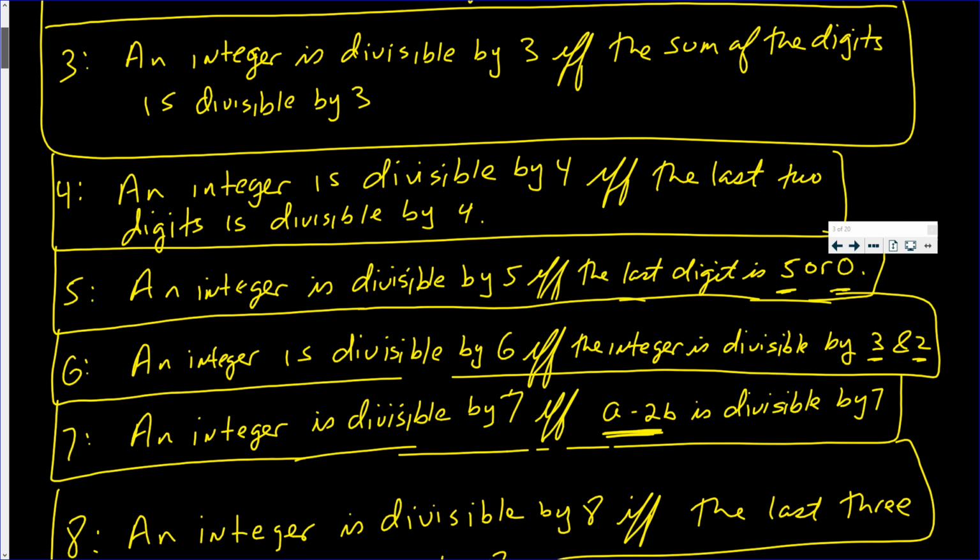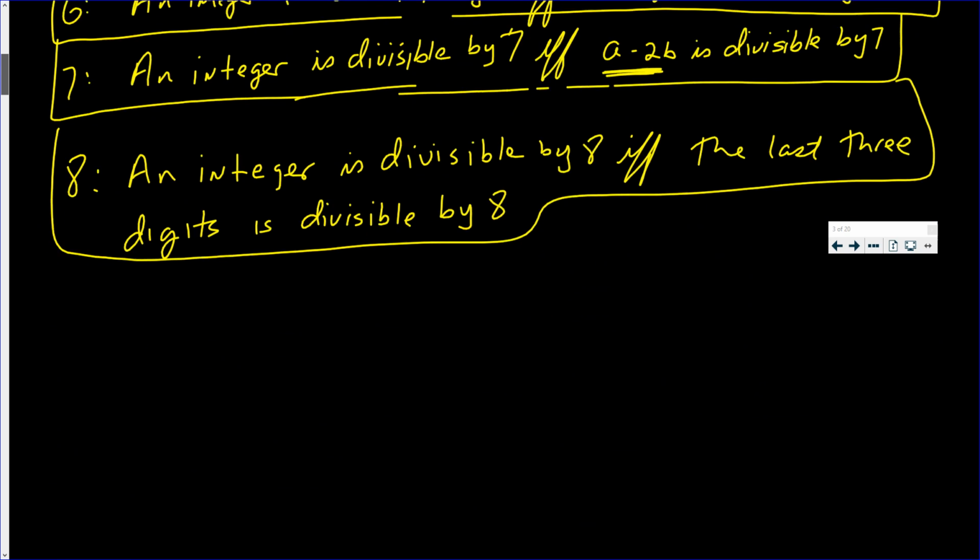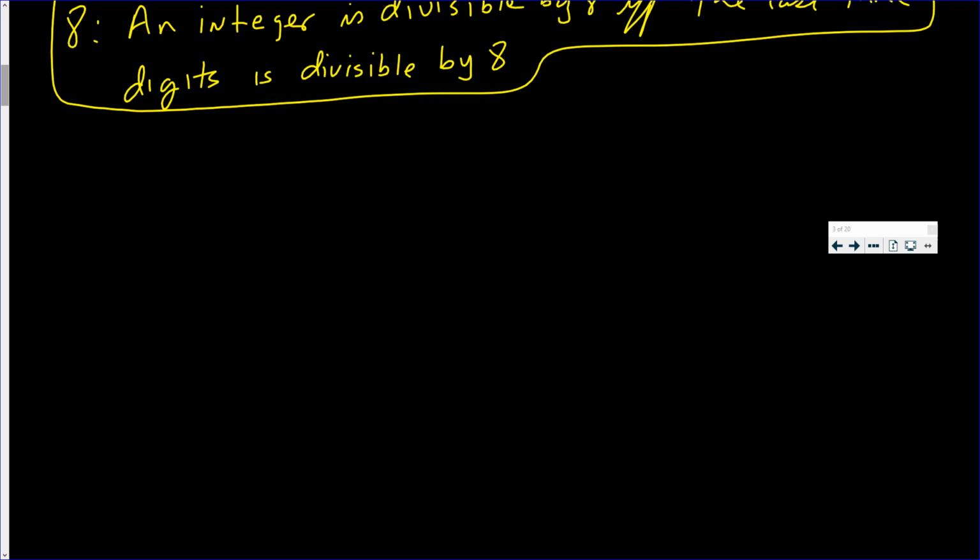Although 4, you have to see if the last 2 digits is divisible by 4. But dividing 4 into a 2-digit number, it's not that bad. Okay, let's go into number 9.